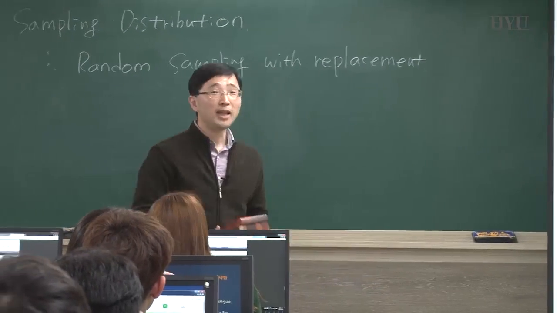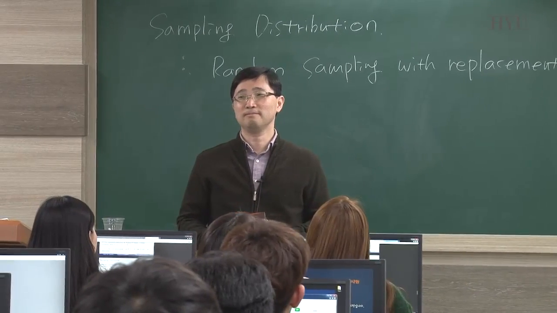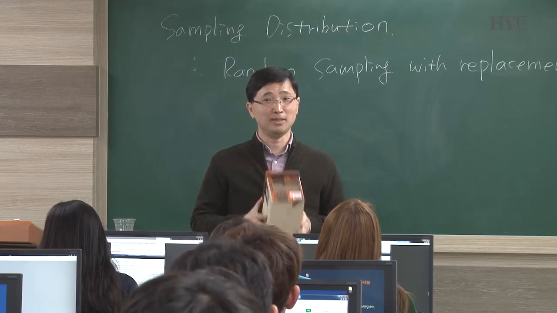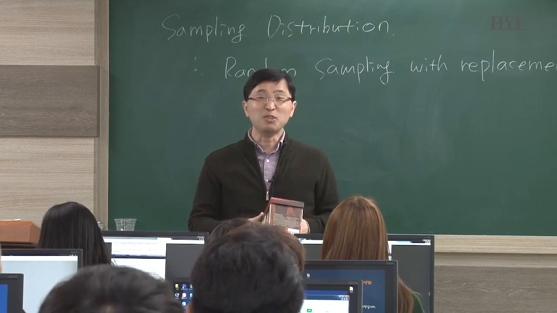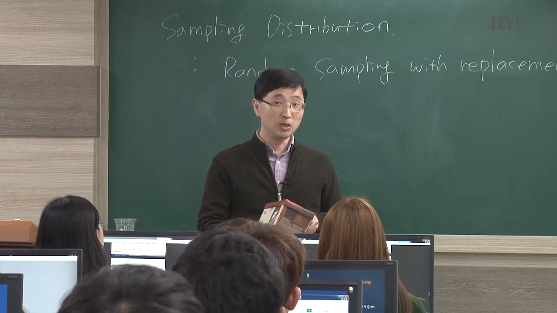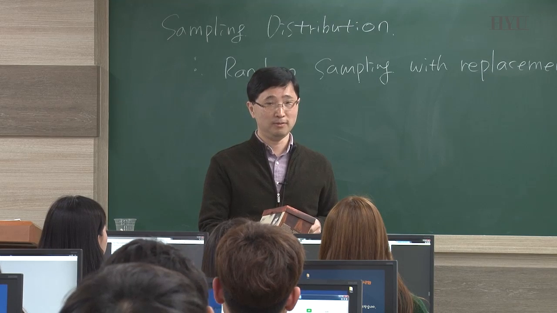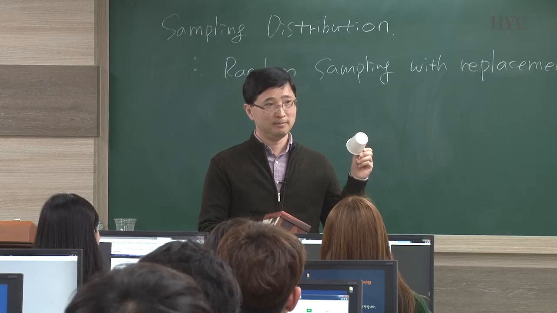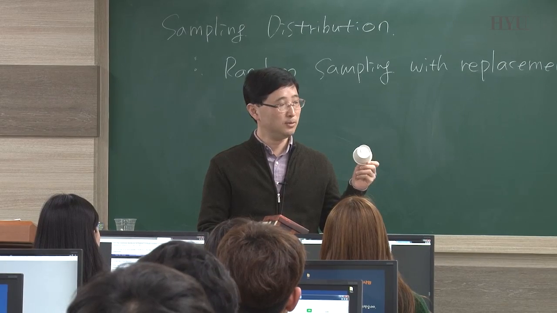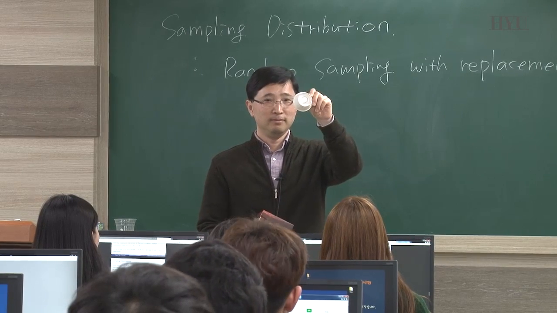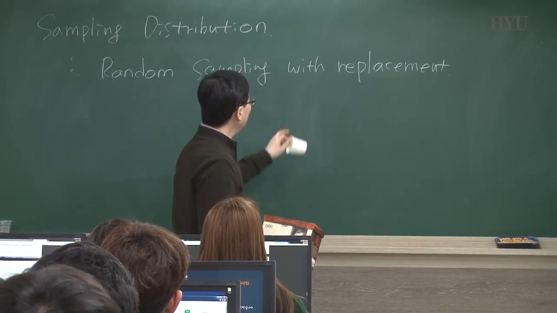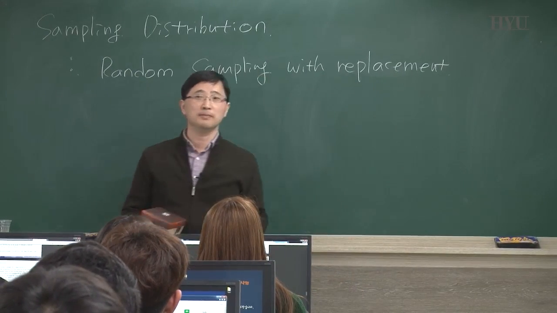Now what's the meaning of random sampling? I have to mix them. And then I don't cheat. Okay? I don't see it before I draw. So this can be an example of a random sample. So what do we have? We have 2. Okay? Now what's the meaning of with replacement?